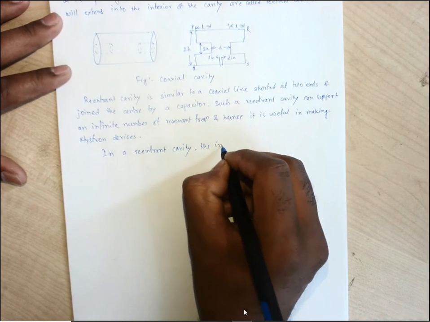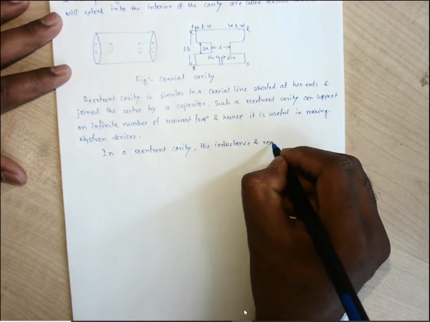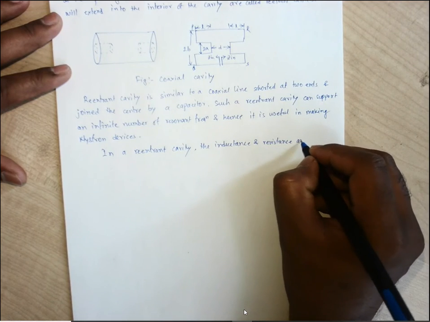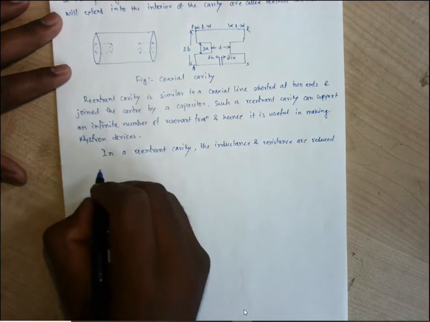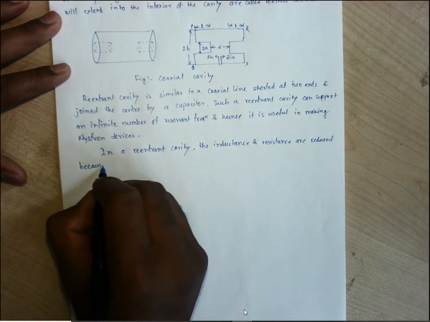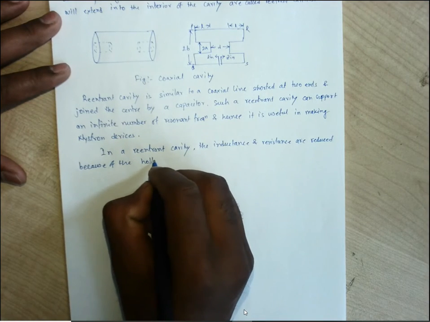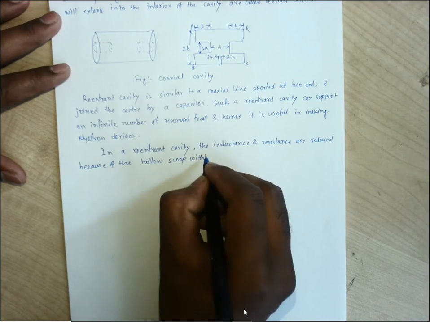The inductance and resistance are reduced because of the hollow scoop within it.